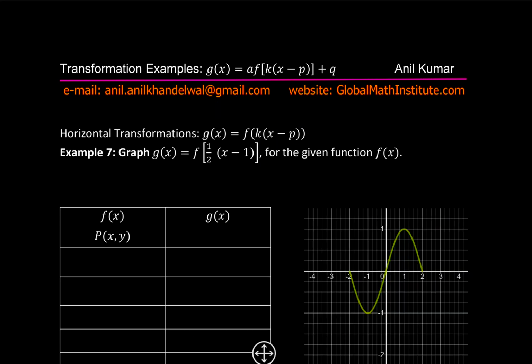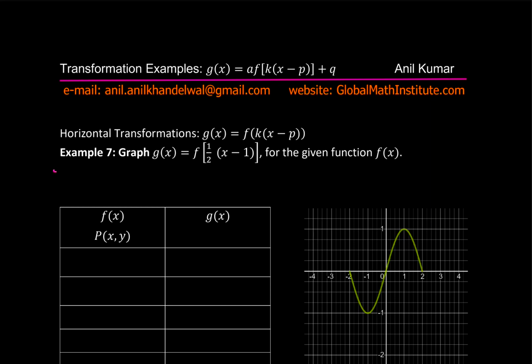So here we are combining the horizontal transformations, both stretches and translation. So what you see here is f of half x minus 1, right? So this k value is half and the p value is 1. So basically there are two transformations taking place.